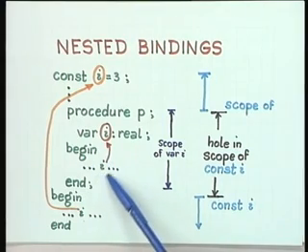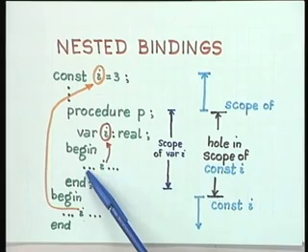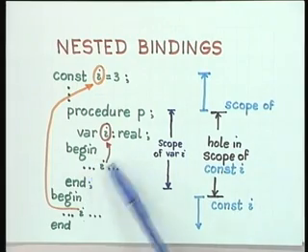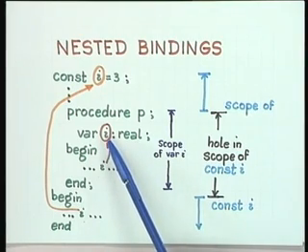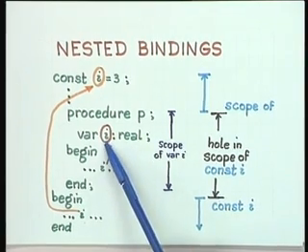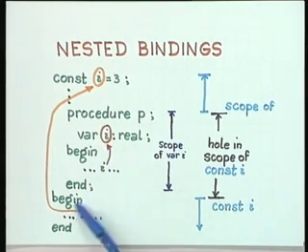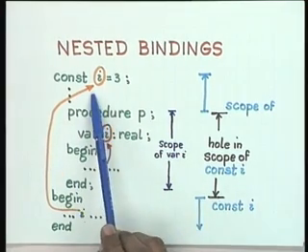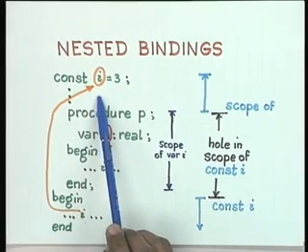All applied occurrences of I within this begin end block refer to whatever name location binding has been specified here. Okay, all occurrences of I here denote whatever name value binding has been specified here, right.